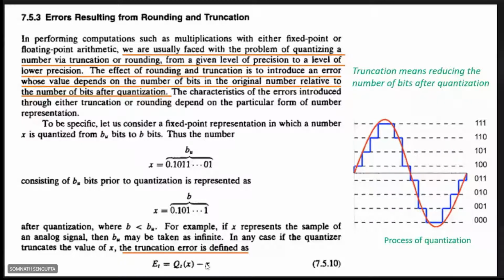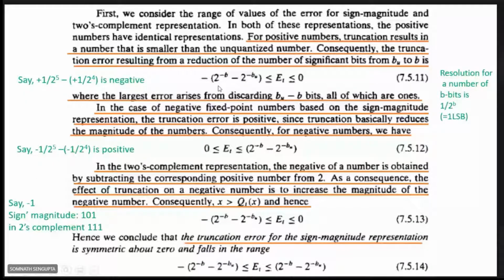Say for positive numbers, what is the difference in their resolution? The resolution is 1 by 2 to the power b. That is the LSB. In the case of the unquantized number, it is bu.